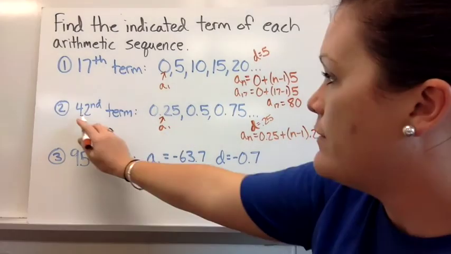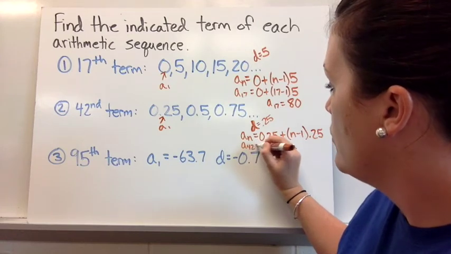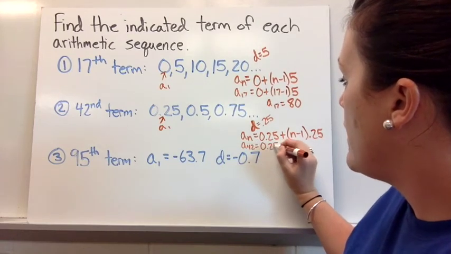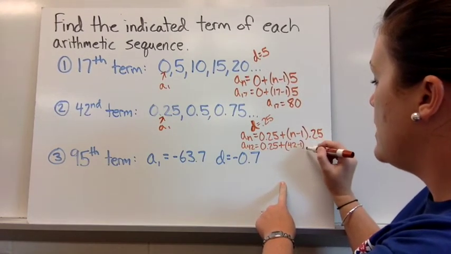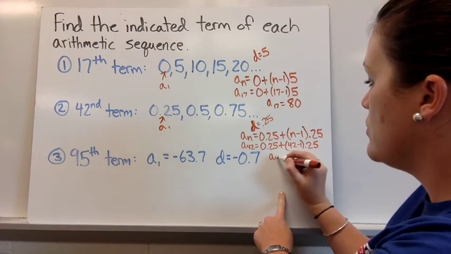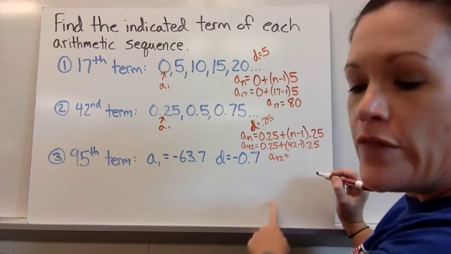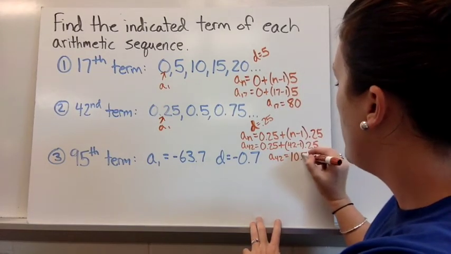We're going to plug in 42 for our n. So a sub 42 equals 0.25 plus 42 minus 1 times 0.25. And you can clean all of that up to get for yourself that the 42nd term, and I've already worked it out ahead of time, should come out as 10.5.